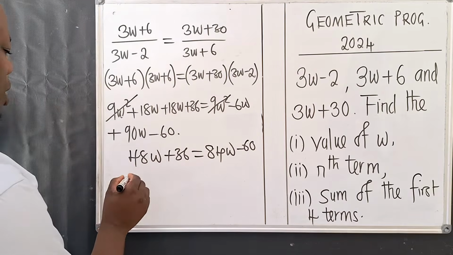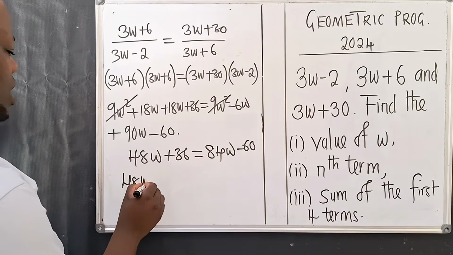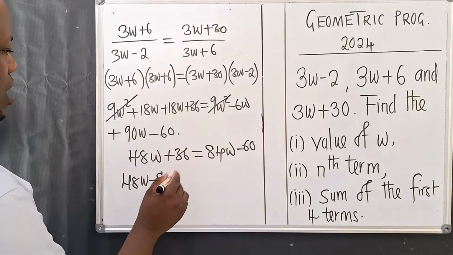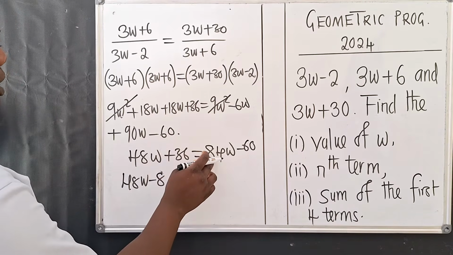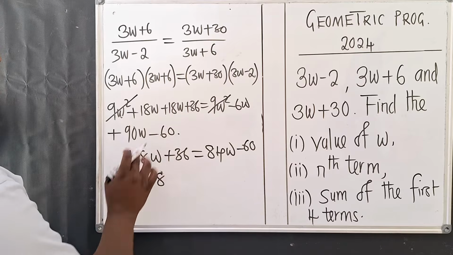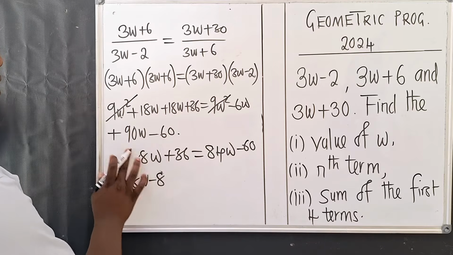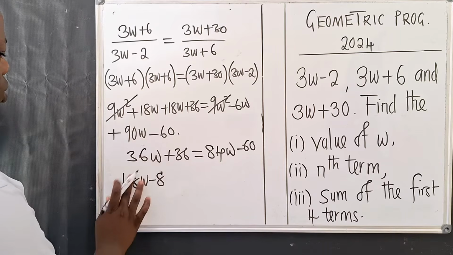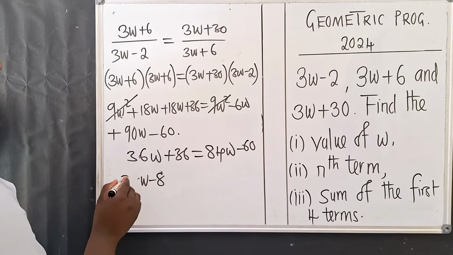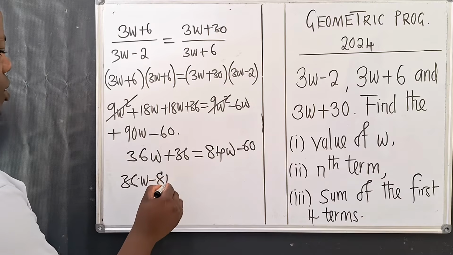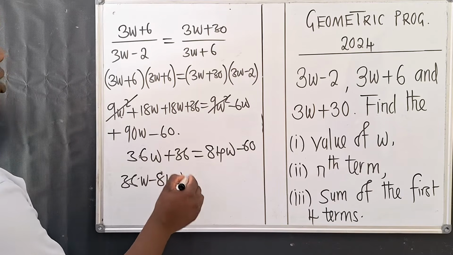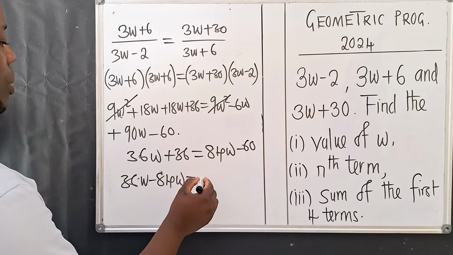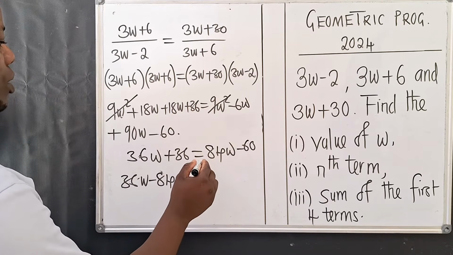So we shall group the like terms. Here it's 36. And then here we have 84w, which is equal to this and this.